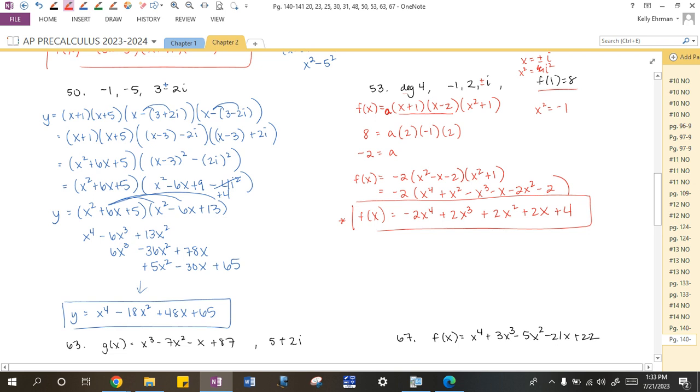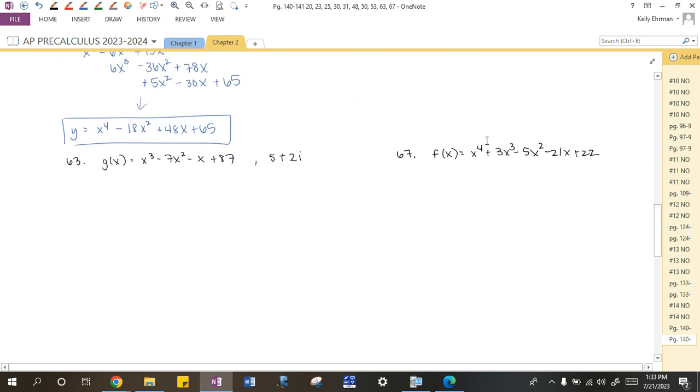I've got 1x squared minus 2x squared, so negative x squared times negative 2 is plus 2x squared. Minus x times negative 2 is plus 2x. Negative 2 times negative 2 is plus 4. So that's the general form. If I plug negative 1 into that, I should get 8, hopefully, and also would have these zeros.